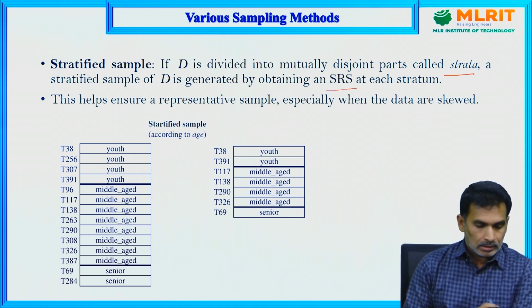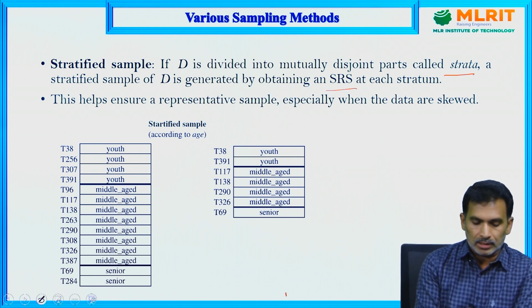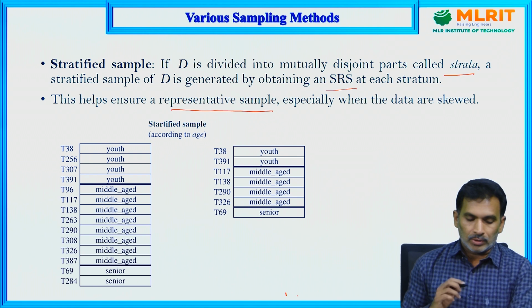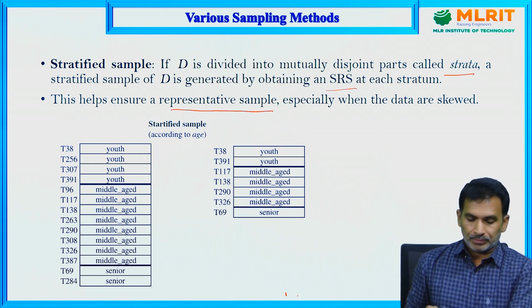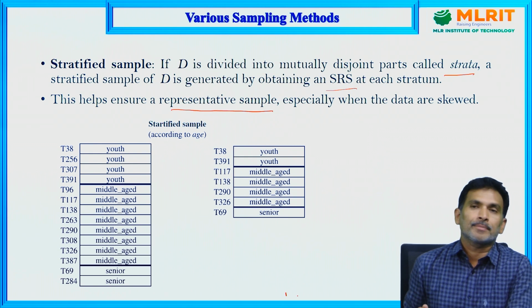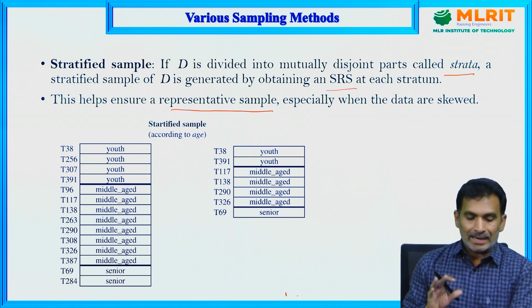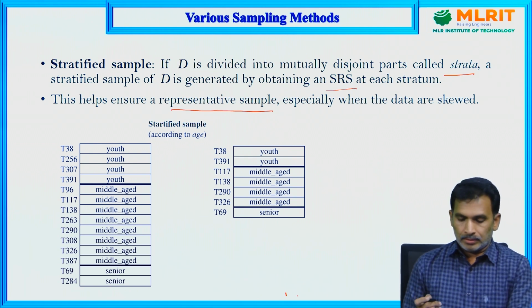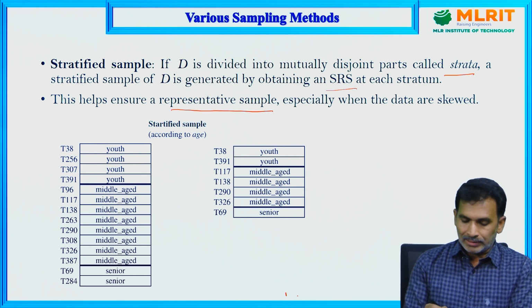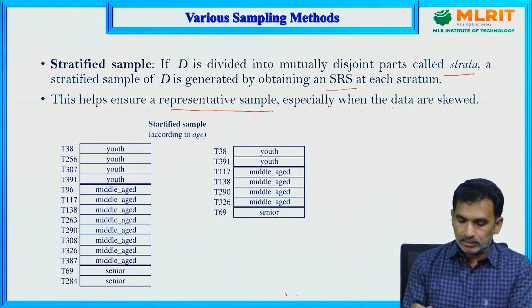The stratified sample helps to ensure a representative sample, because this is very, very important. Whatever sample we are going to select should represent the entire population. That is mainly when the data are skewed.